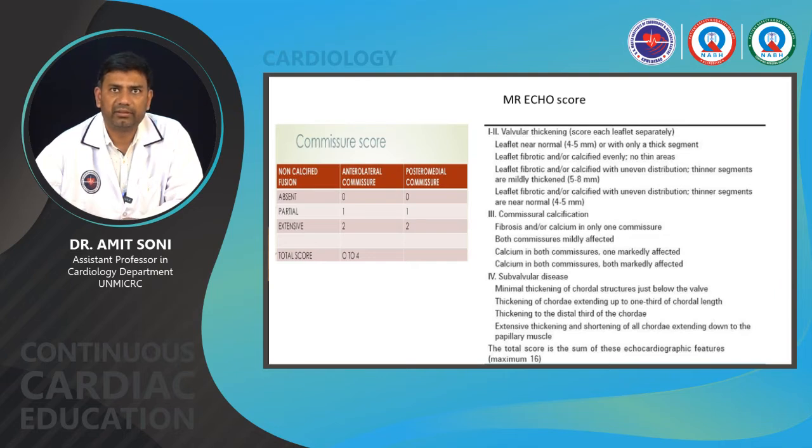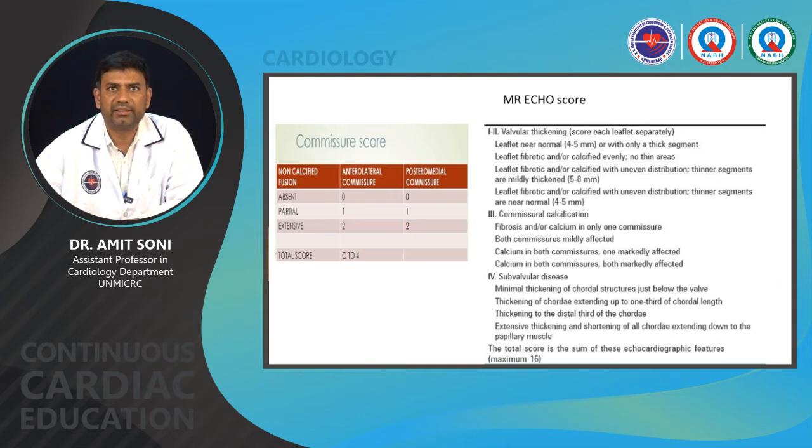Leaflet near normal, 4 to 5 mm with no thick segment. Leaflet fibrotic and calcified evenly, no thick areas. Leaflet fibrotic, calcified, even distribution, thinner segment and mildly thickened 5 to 8 mm. And leaflet fibrotic or calcified, uneven distribution, thinner segments near normal 4 to 5 mm.